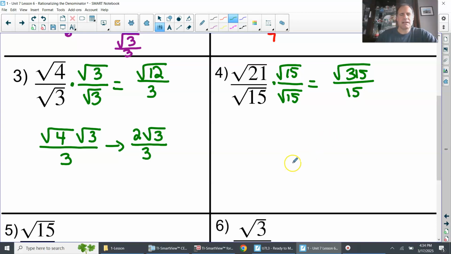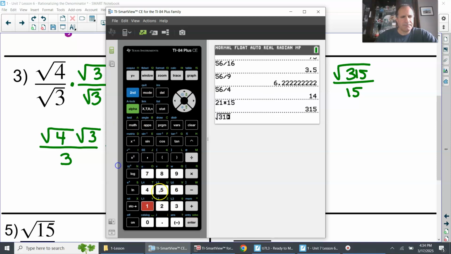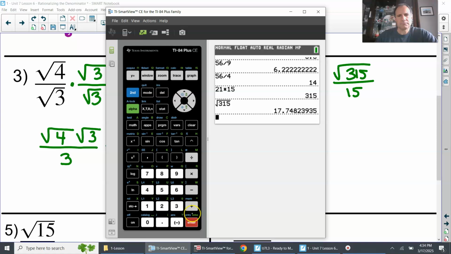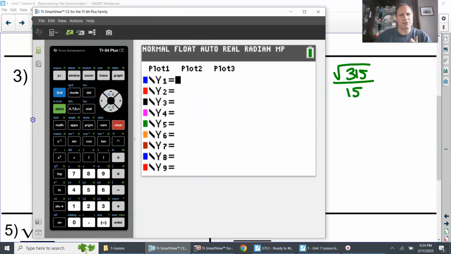So I'm going to say that square root of 315 is a non-perfect square. This is another way you could say, I don't know the actual perfect square that goes into 315.